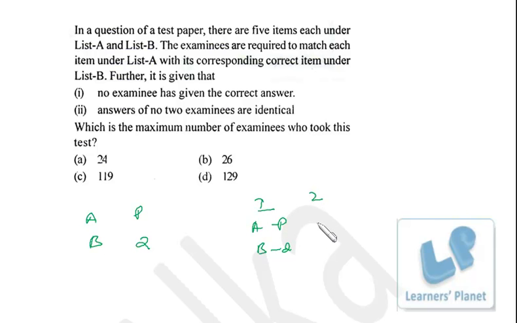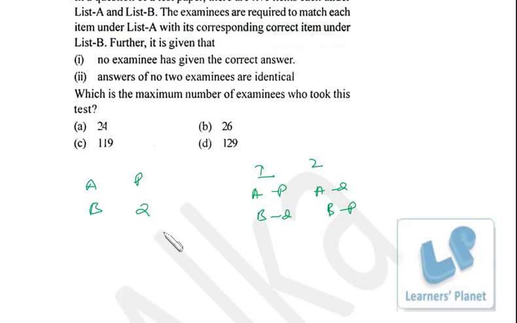The second student will match AQ and BP. Obviously one of them has to be correct. So how many ways are there of matching? 2 ways, because none of them are giving identical answers. So we have 2 options.